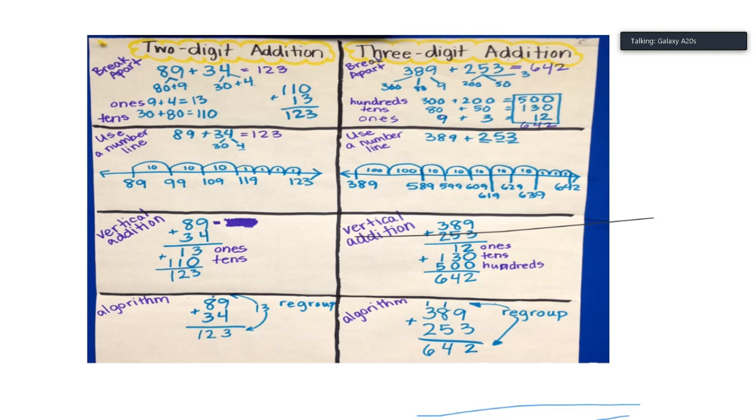Adding 8 tens and 3 tens, he's having 0 ones and he's having 11 tens, and he's writing in that 11 the first one in the tens place and the one in the hundreds place.